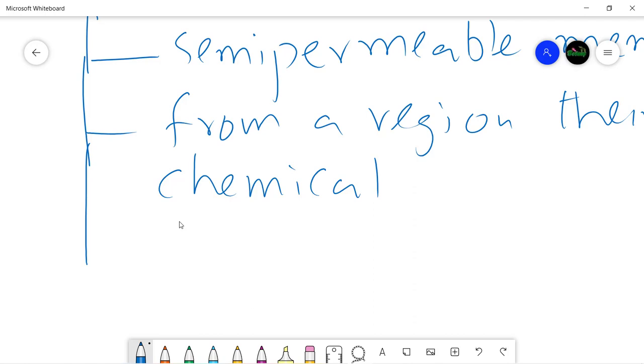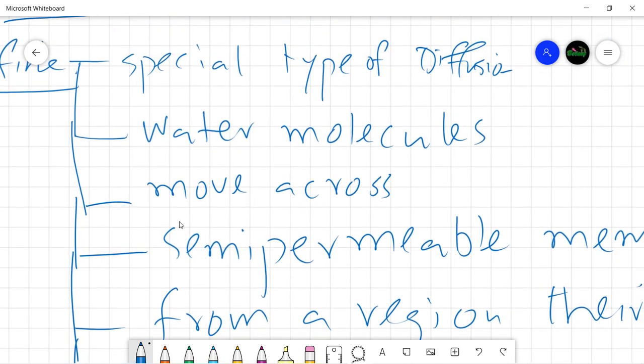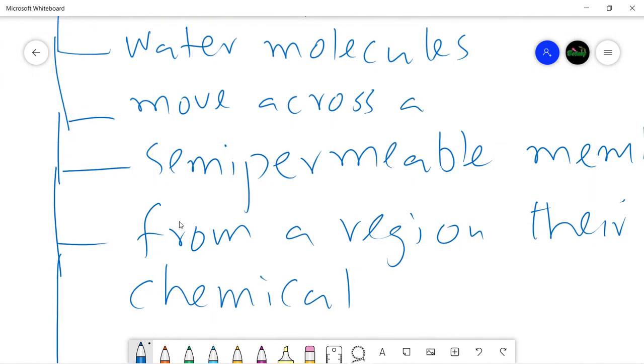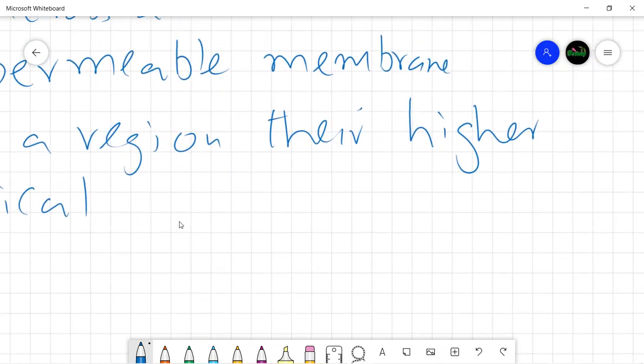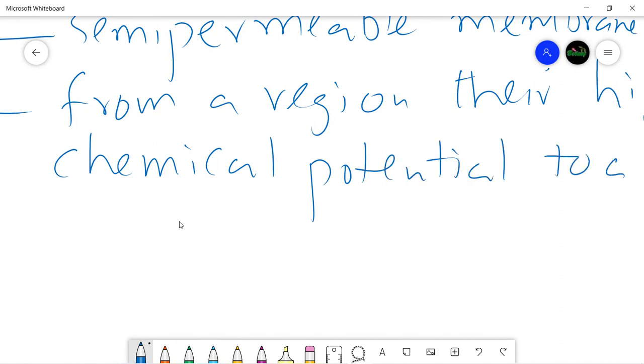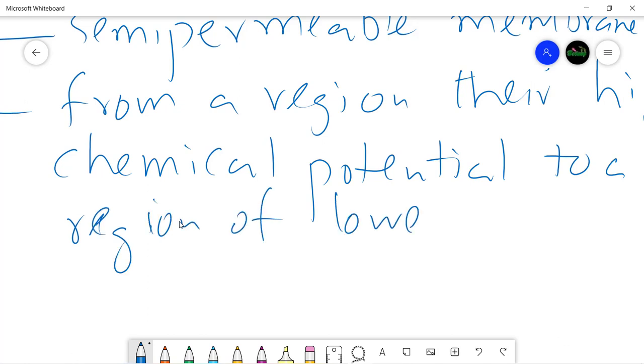So, osmosis is a special type of diffusion in which water molecules move across a semi-permeable membrane from a region of their higher chemical potential to a region of lower chemical potential.